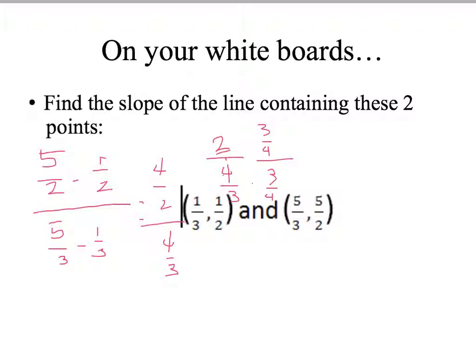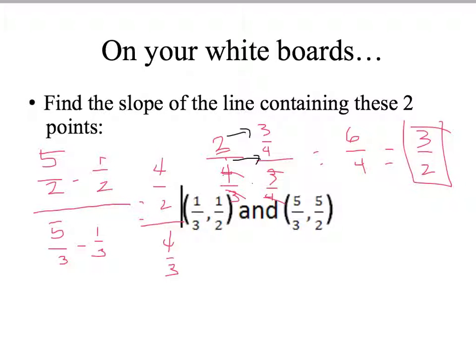So this would be like multiplying 2 times 3 over 1 times 4. That gives me 6 over 4, and everything on the bottom cancels out, which is why I did that. 6 over 4 can be reduced down to 3 over 2. Okay, so that was my slope.